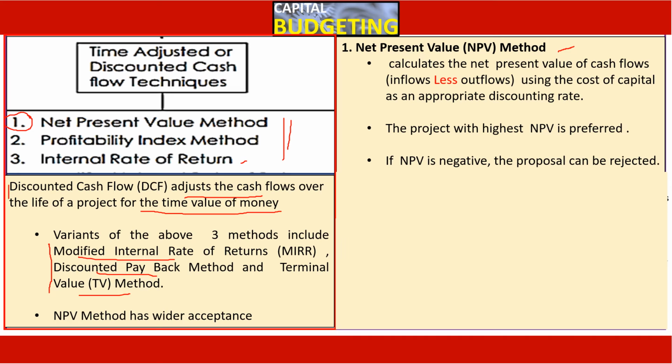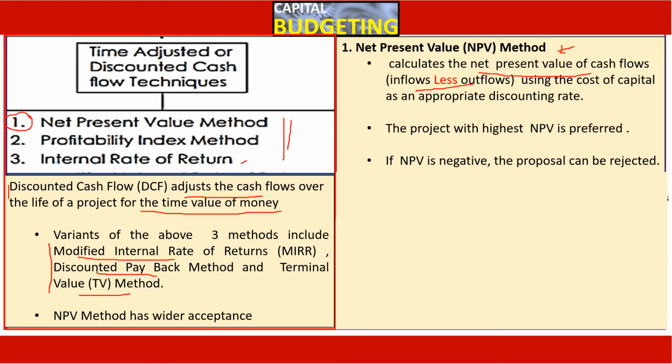What does it do? It calculates the present value of cash flows. Simple. Whether it comes in the first year, second year, nth year, it takes how much is the outflow in 1 year, how much is the inflow in 1 year, takes the net amount and derives the present value. Present value is nothing but future value into the factor.